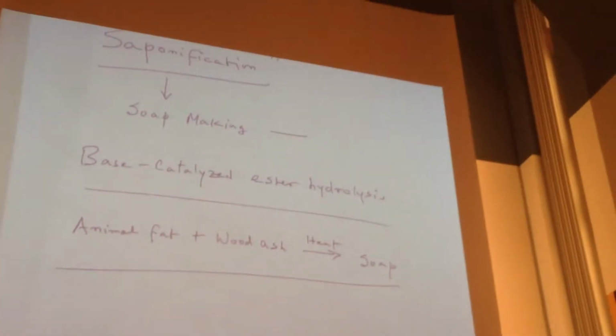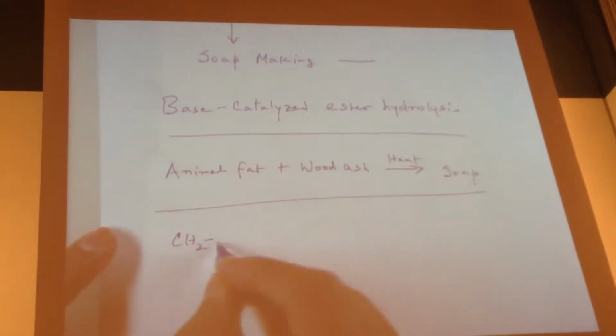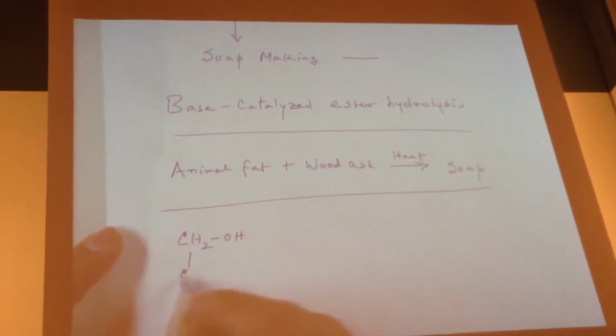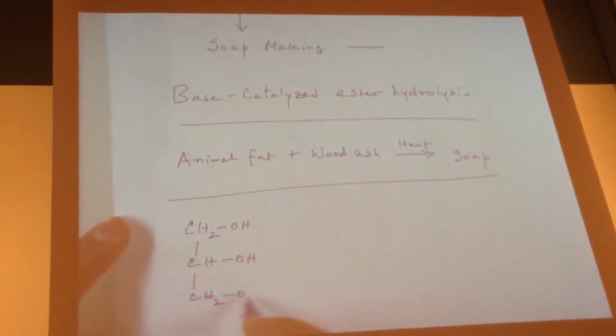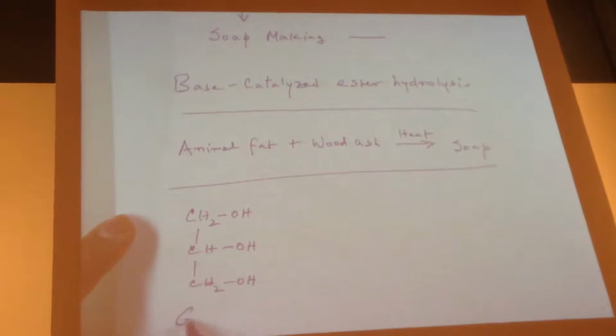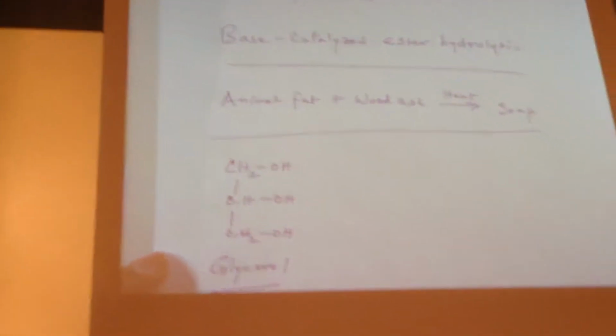To understand the mechanism, the animal fat is typically made mostly of triesters of glycerol. Glycerol has 3 hydroxyl groups: CH2OH, CHOH, and CH2OH. So this is glycerol. And the triesters, of course, will have OCOR.